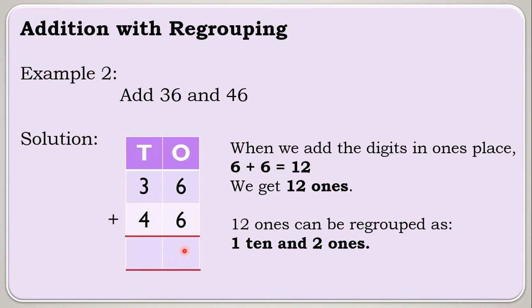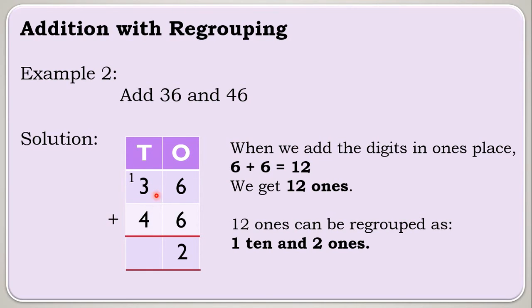That is, in this case, when we get 12 after adding 6 plus 6, we will write down 2 here in ones place, and we will carry 1 to the tens place. You can write here or just above 3, which is to be considered while adding the digits in tens place.